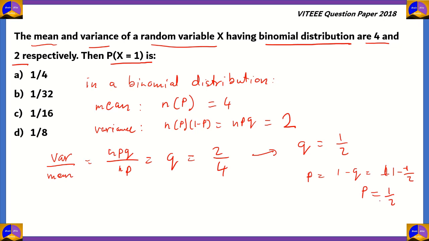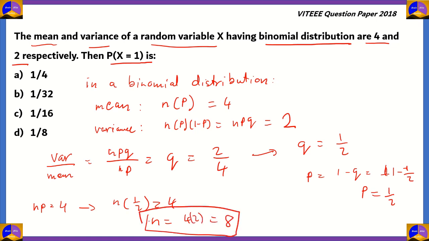So the value of p is 1 by 2, the value of q is 1 by 2. All we need to find out is the value of n, and we know that np equals 4, which means that n times half equals 4. So n has to be equal to 4 times 2, which is equal to 8. So now we know the value of n, p, and q.